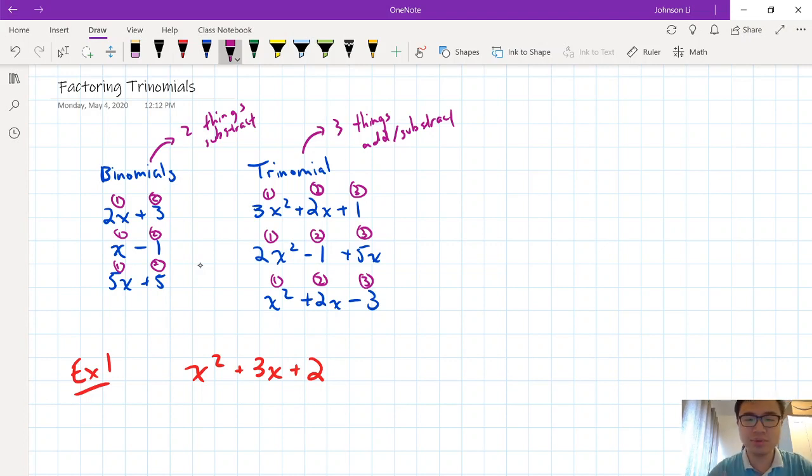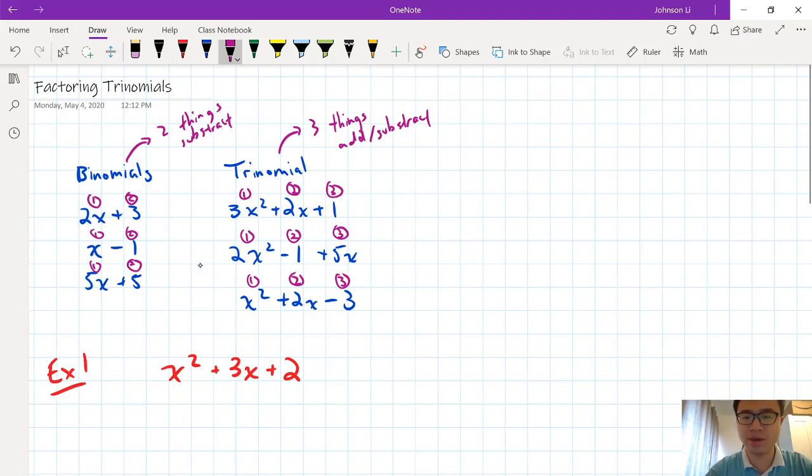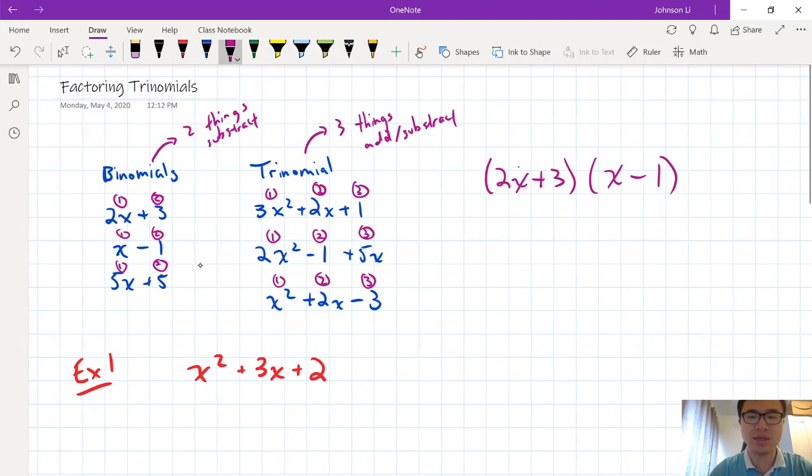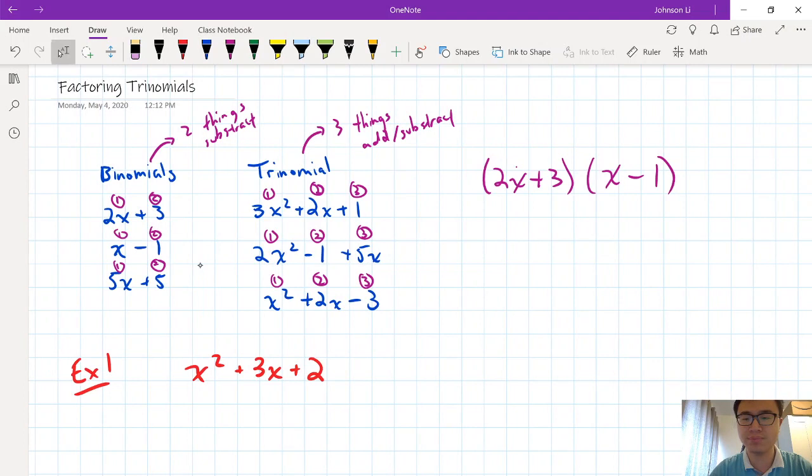So in previous lessons, you have learned that if we have two binomials being multiplied by each other, we can use a table. This was from one of our lessons a few weeks ago, so I encourage you to go back to the expanding binomials FOIL worksheet if you have not done it yet.